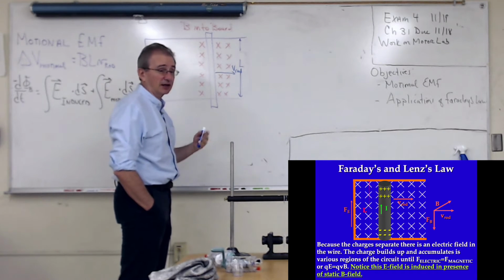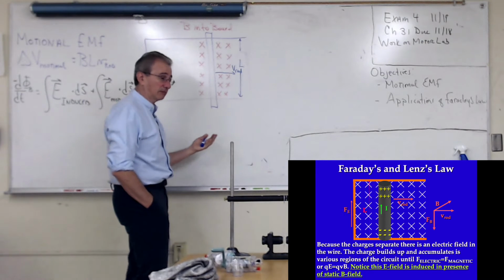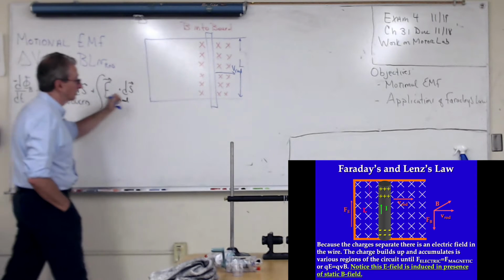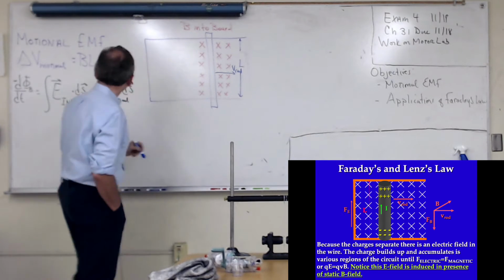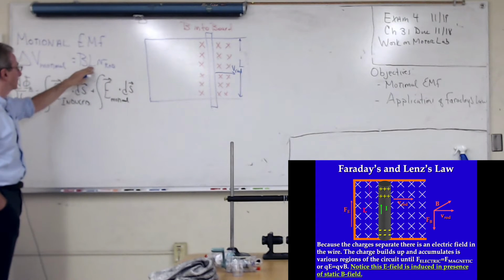And since the magnetic field is uniform, the electric field would be uniform. And we were able to calculate the potential difference across this rod. We call that potential difference the motional EMF. And it's easy to calculate, just B times L times V.